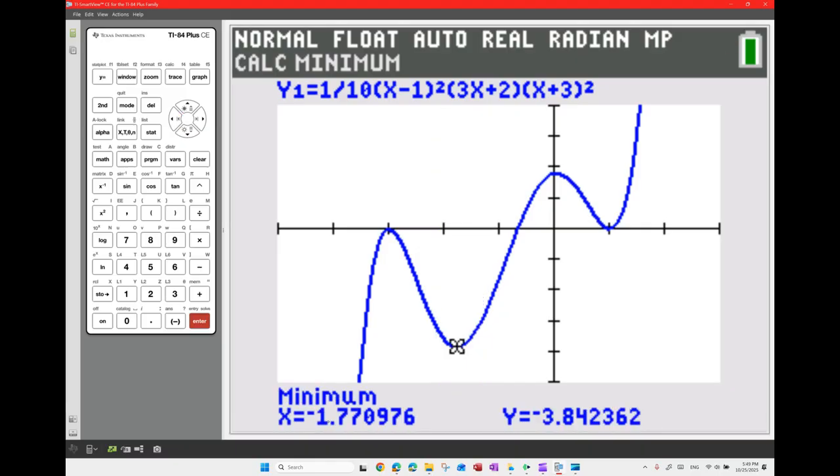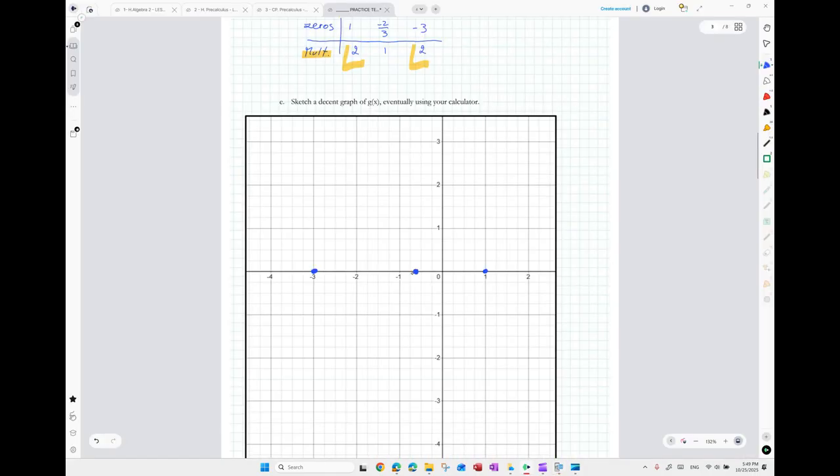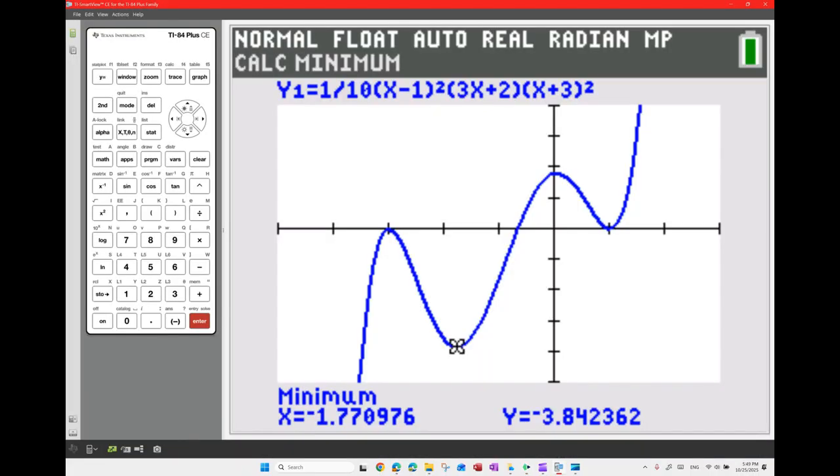I've got negative 1.7 and negative 3.8. Negative 1.7 is roughly here. Negative 3.8 is roughly here. So I will have a point here. Now, you may have noticed I could do the same thing for this maximum, but here it is just to the right of the y-intercept, rather.